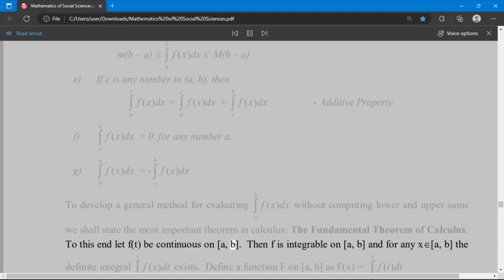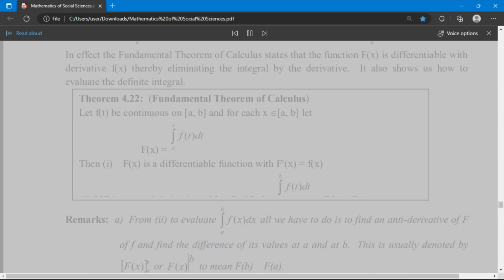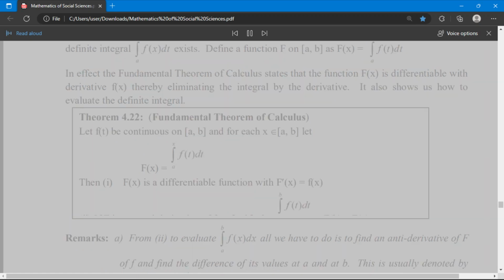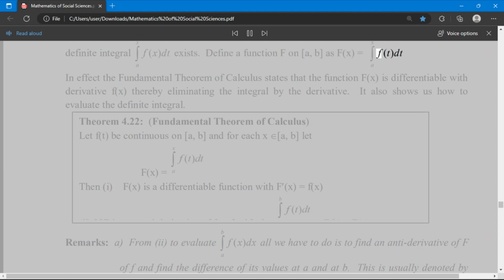To this end, let f(t) be continuous on [a, b]. Then f is integrable on [a, b], and for any x in [a, b] the definite integral ∫ₐˣ f(t) dt exists. Define a function F on [a, b] as F(x) equals ∫ₐˣ f(t) dt.